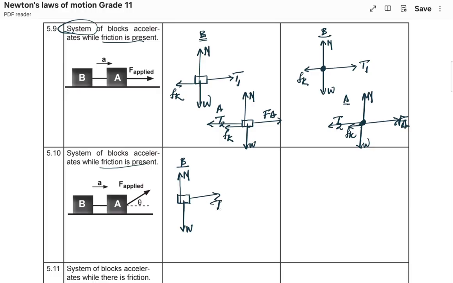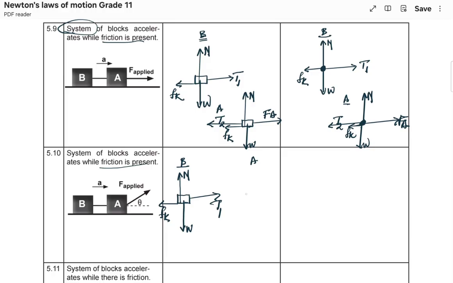Now T1, kinetic frictional force. Then now for A, remember, I need to remember this one.